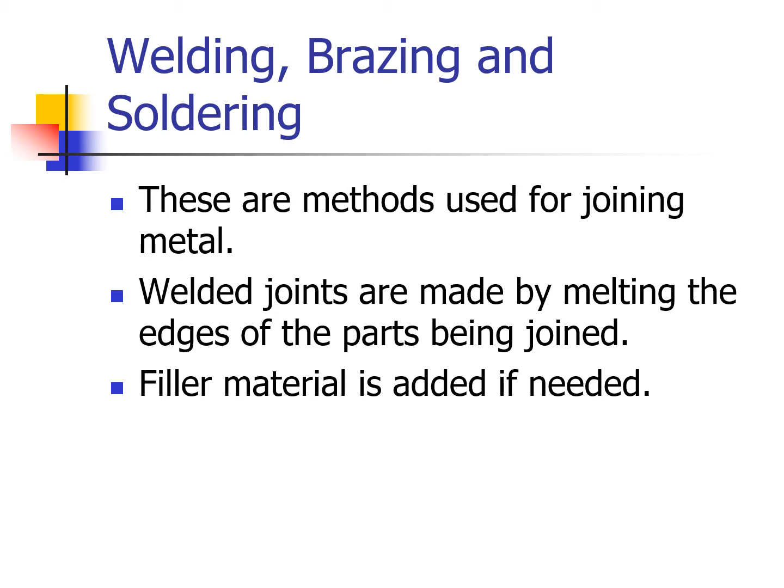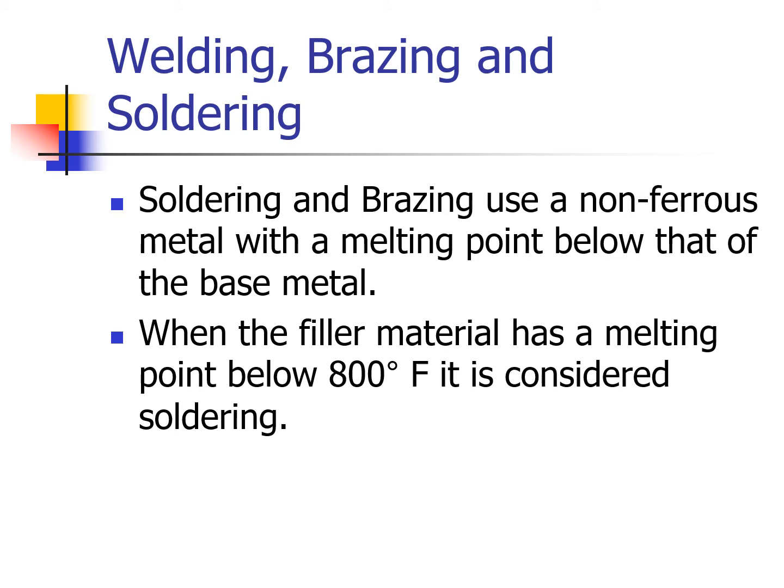I actually have a 110 volt welding rig at my house here in the garage, and it's amazingly handy for putting stuff together. I think I'm missing a slide here. Okay, well, let's go on to welding, brazing, and soldering.